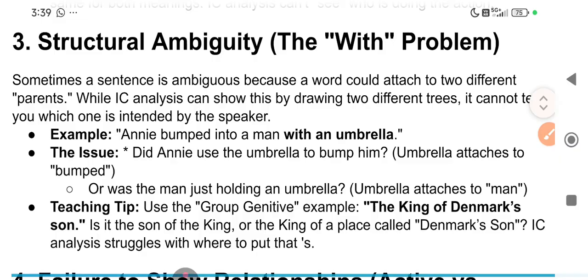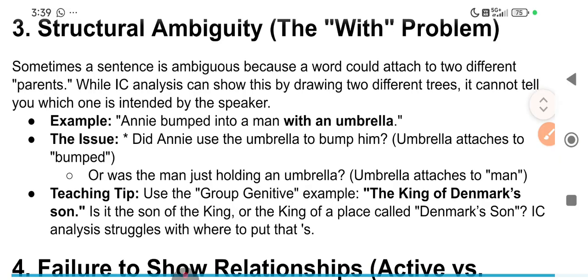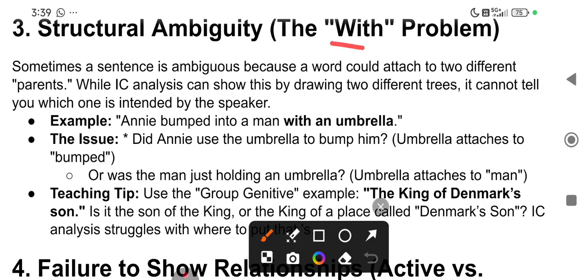Now, the third one, structural ambiguity. The with problem. That's a very big problem. Sometimes a sentence is ambiguous because a word could attach to two different parents, meaning agents, we can say.